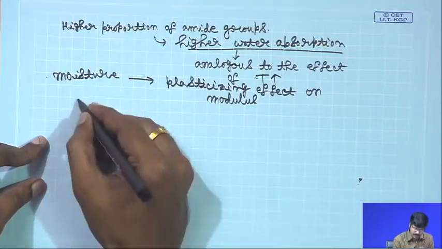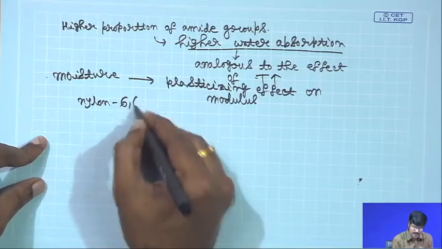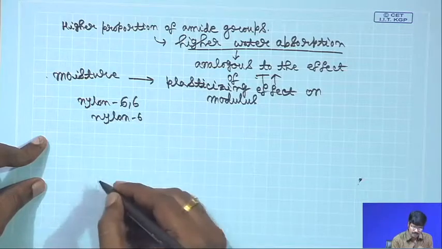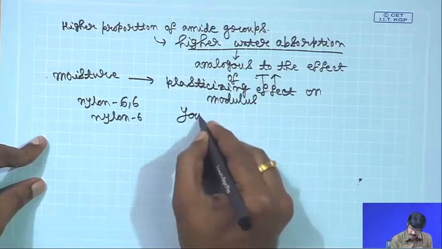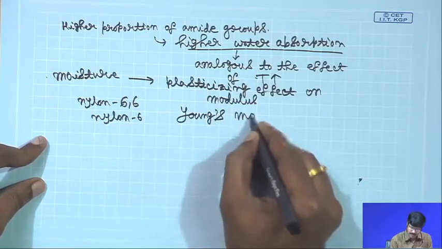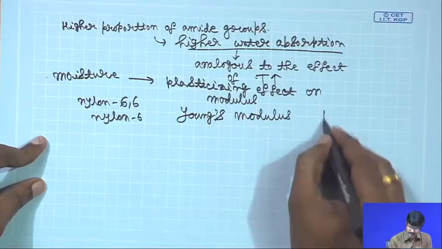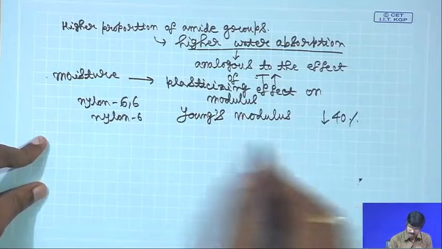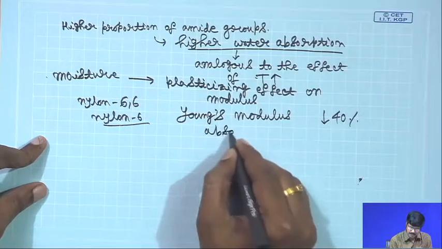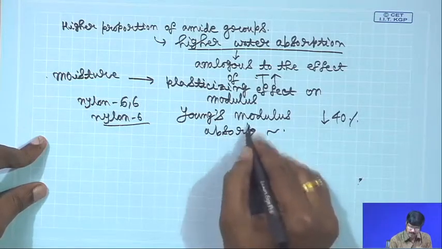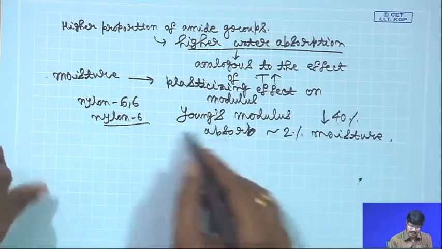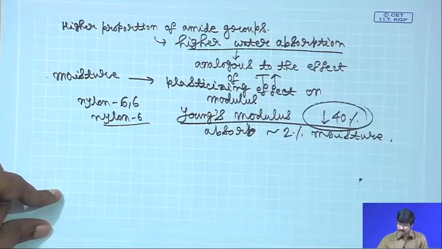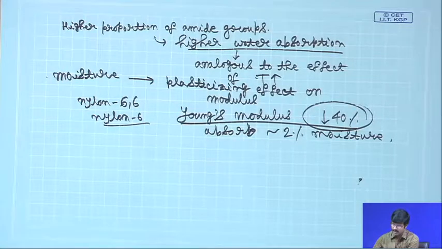As a matter of fact, if you look at nylon 6 or nylon 6,6, the Young's modulus value goes down by as much as 40% when these materials absorb around 2% moisture. So, just put around 2% of moisture and the Young's modulus goes down by 40%. The effect there is basically enormous.